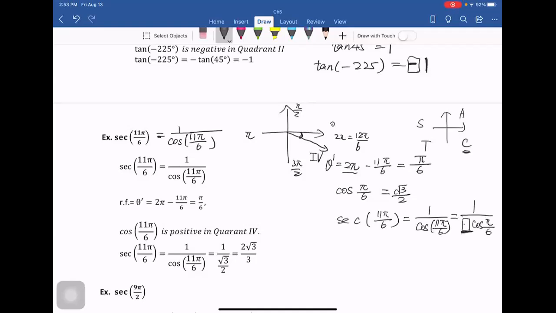The sign here must be positive because cosine in the fourth quadrant is positive. That equals 1 over cosine of pi over 6 equals 2 over square root of 3, because we just flip this and rationalize it. Multiply square root of 3 on both sides. Square root of 3 times 2 over square root of 3 times square root of 3 equals 2 times square root of 3 over 3. This is the final answer, and it is positive.